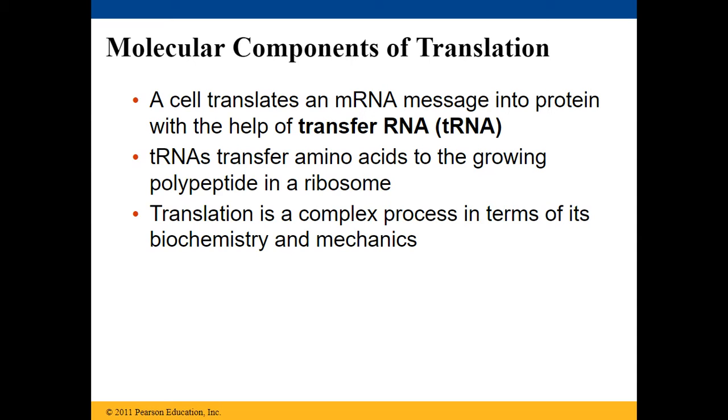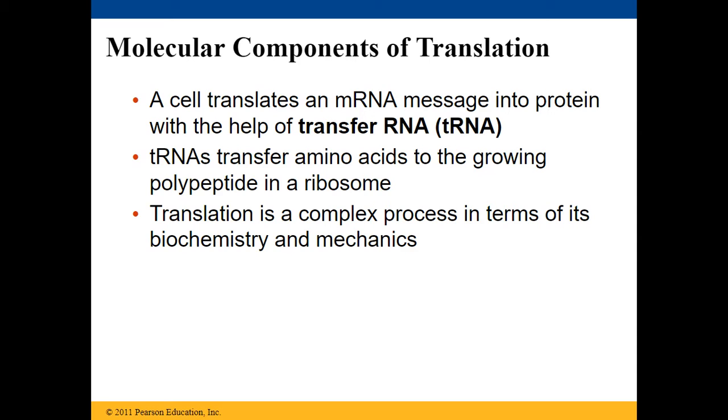Molecular components of translation. A cell's responsibility is to translate the mRNA message into a protein with the help of transfer RNA, or tRNA. This was on your worksheet. Basically, transfer RNA is the opposite of the messenger RNA molecule.